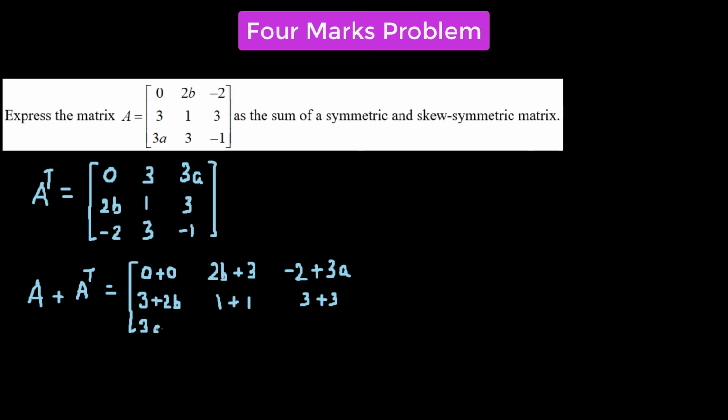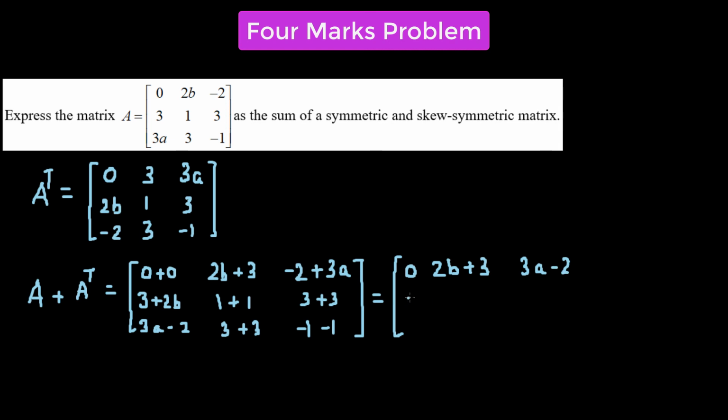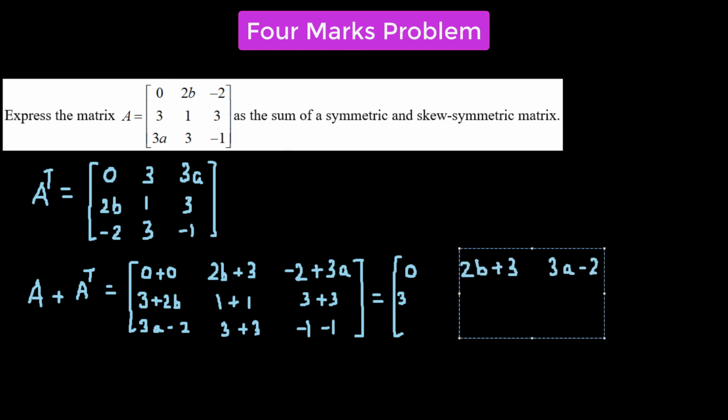Then we have 3a minus 2, 3 plus 3, and negative 1, negative 1. This is going to give us 0, 2b plus 3, 3a minus 2, 3 plus 2b, I'm running out of space, push it a little to the right.